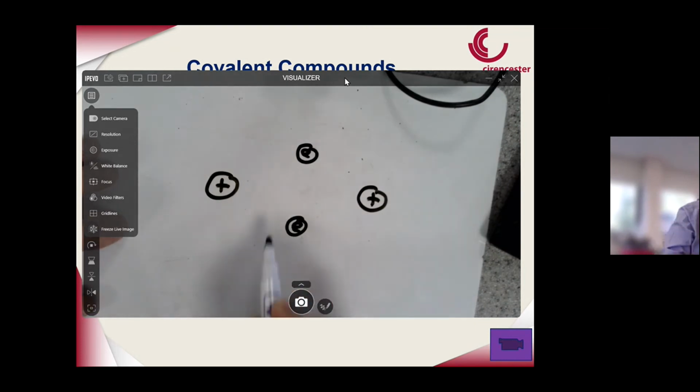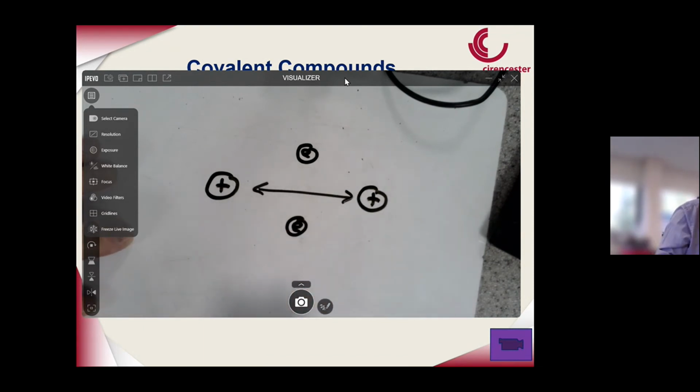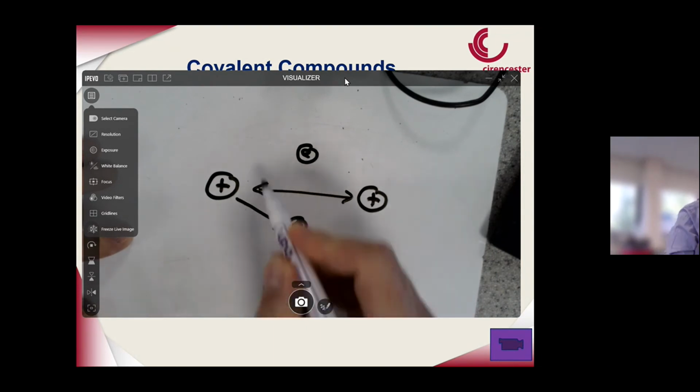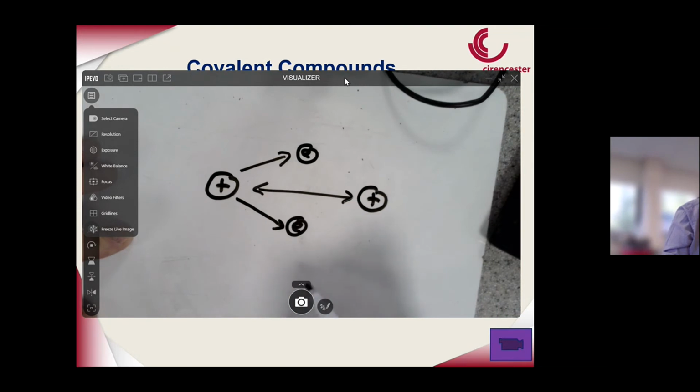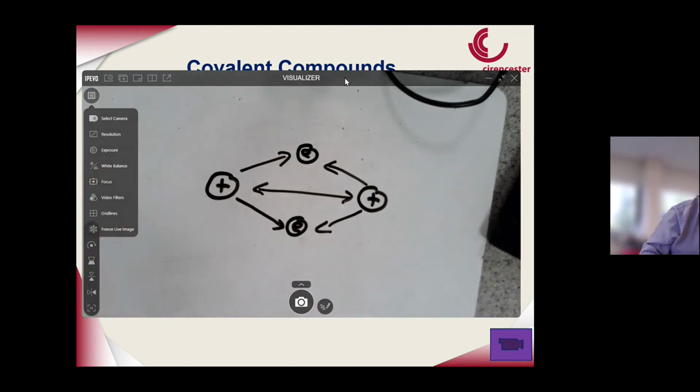These two nuclei are going to try to repel each other, but they're going to be attracted towards that electron, and the other nucleus is also going to be attracted to those electrons if we put them in between.